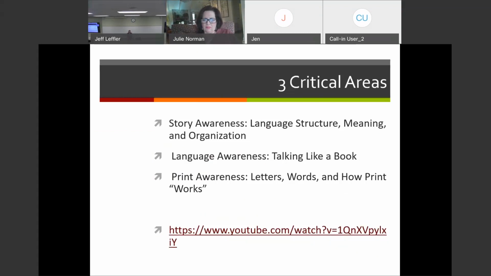You also have language awareness. That's that talking like a book that I was just talking about. And then you have print awareness, actually recognizing the letters and how the letters combine to form words, and then how those words are put together to form ideas. Okay. So story awareness, language awareness, and print awareness.